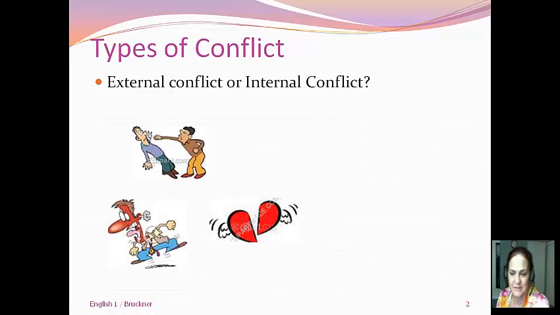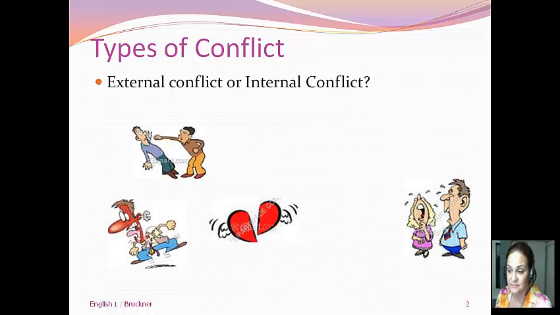Oh, what's he? He's got a completely red face. So he's a little ticked off about something. So he's got some internal conflict going on there. Oh, here we have, let's think about this one. So we have the man talking and the woman crying. So there's probably some kind of disagreement that's a little bit of person versus person.